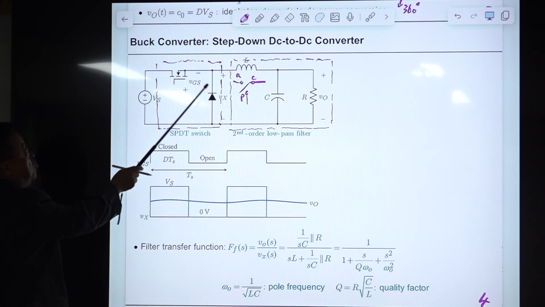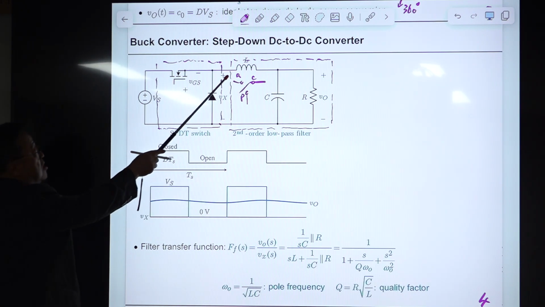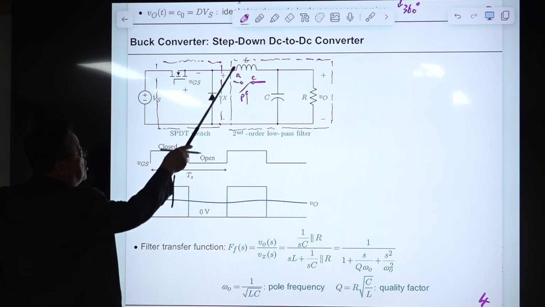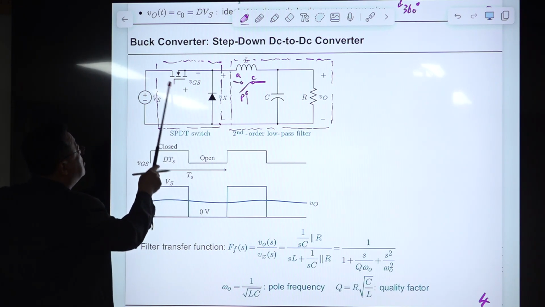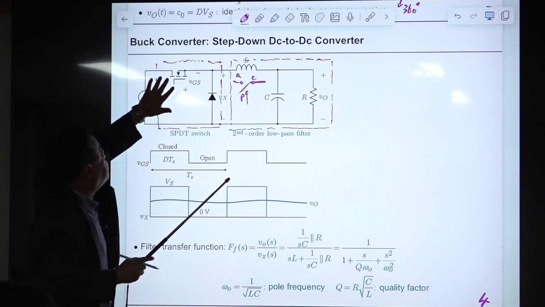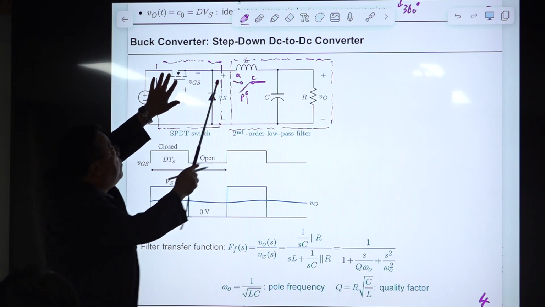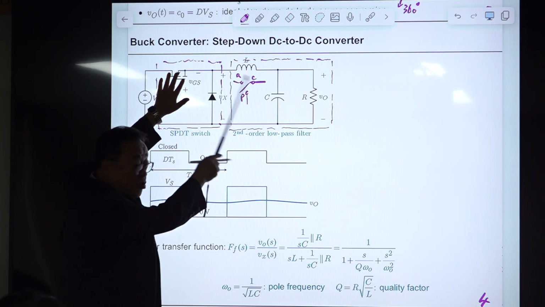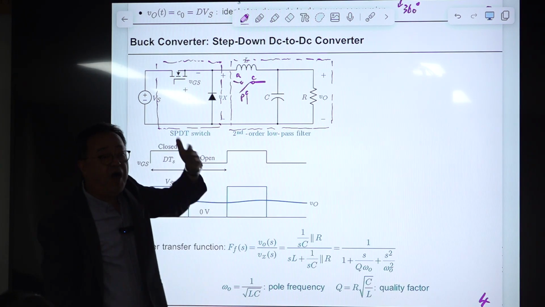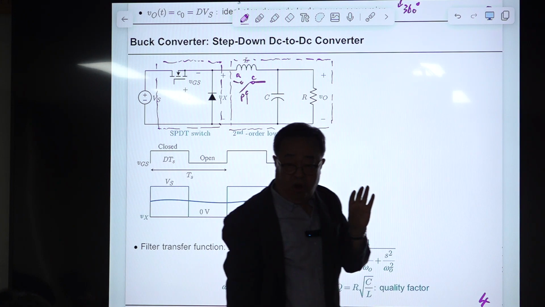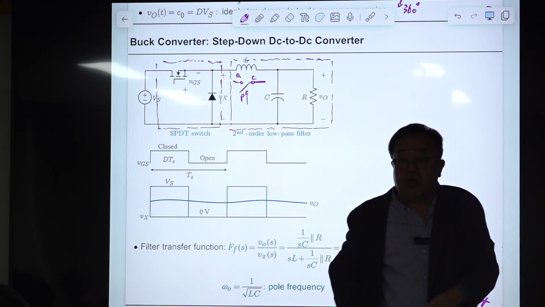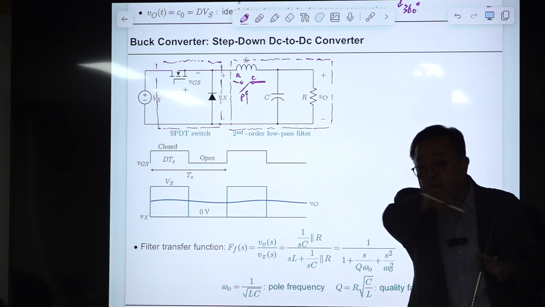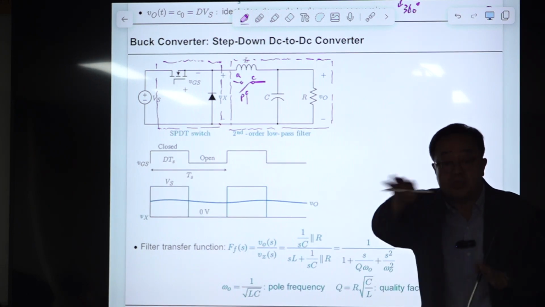Okay. Now this switch is turned off. When the switch is turned on, later on you will see some current is developed here. So this is cut off. Then this current will maintain continuity. That is one important property of an inductor. An inductor keeps the continuity of its current, if possible.